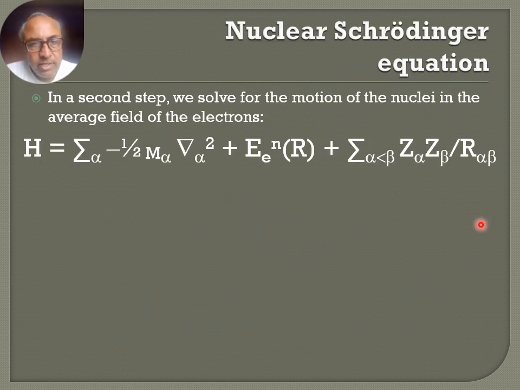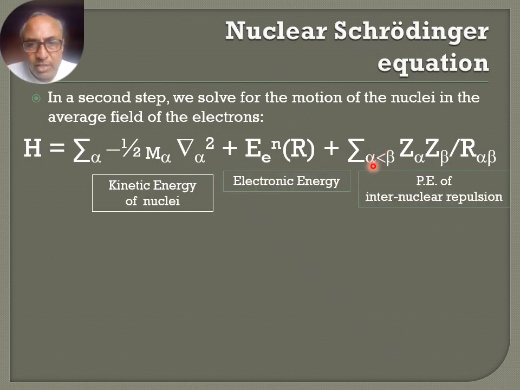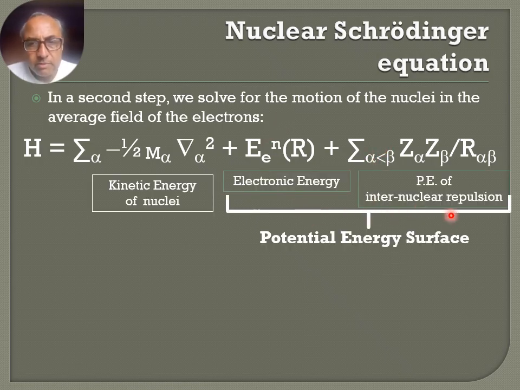In the second step, we solve the equation of motion for the nuclei in the average field of the electrons. So the electronic energies and the internuclear potential energy of repulsion together form a potential surface upon which the nuclei are presumed to move with a given kinetic energy.